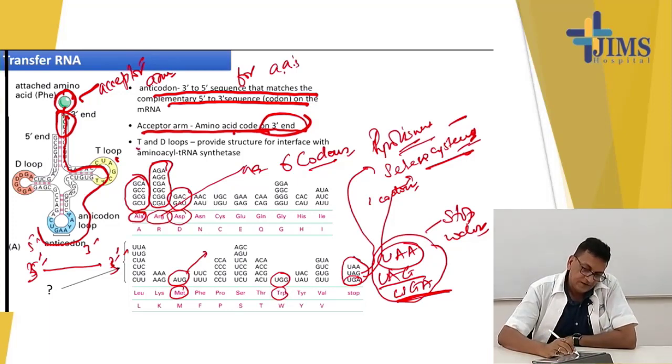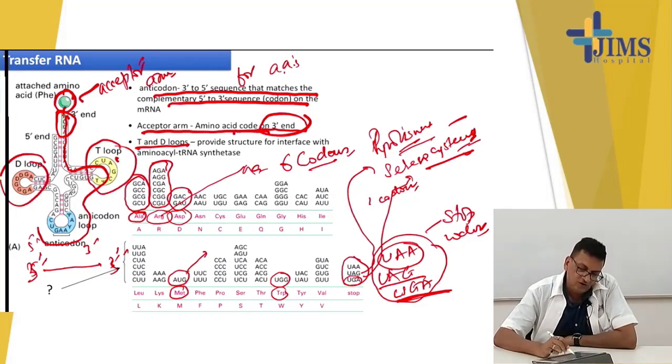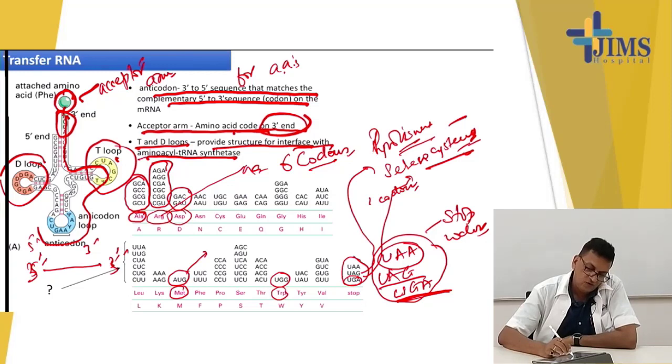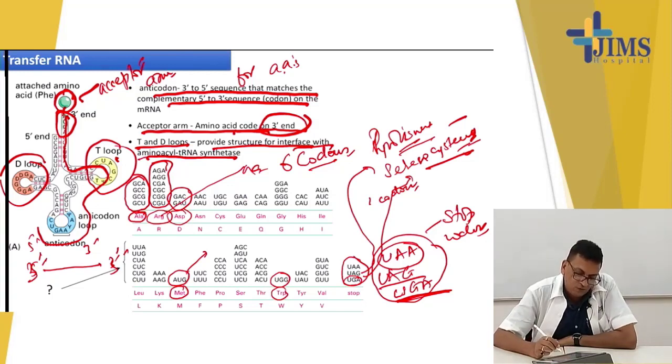Now the T and D loops. This is the T loop and dihydrouridine loop. These provide structure for the interface with amino acid tRNA synthetase. Why am I telling you? Because this enzyme, amino acid tRNA synthetase, is an important enzyme, and it will be used to activate the tRNA.